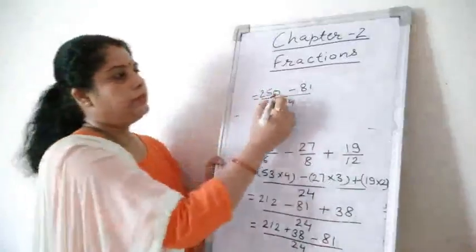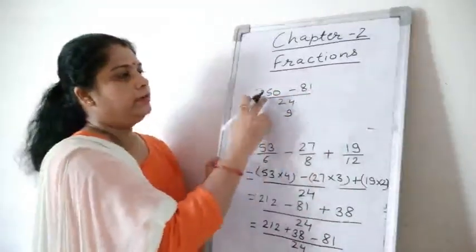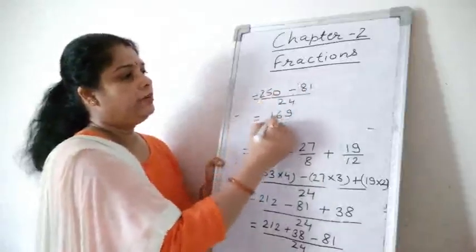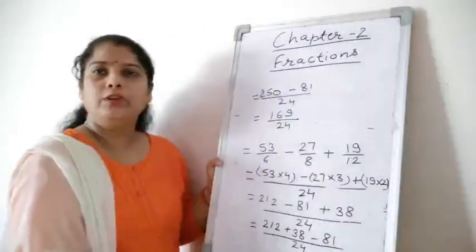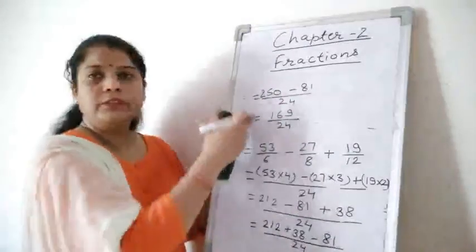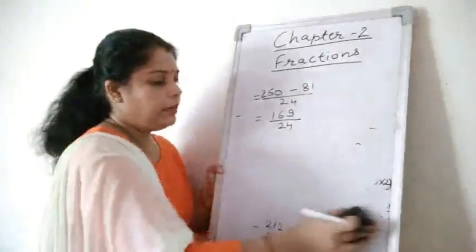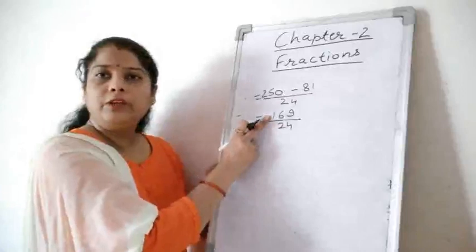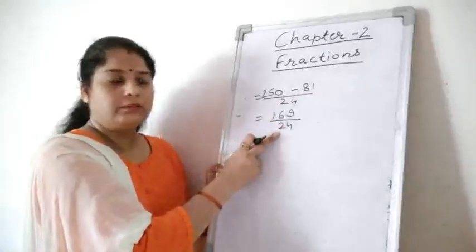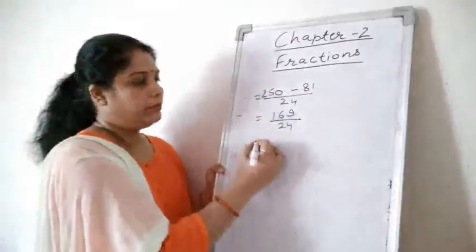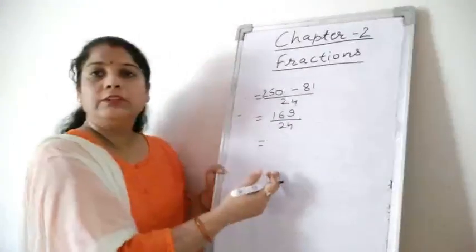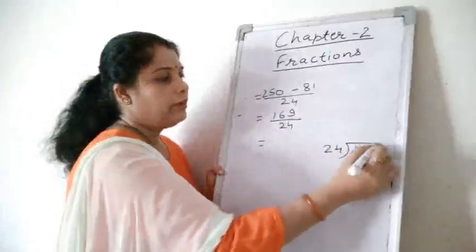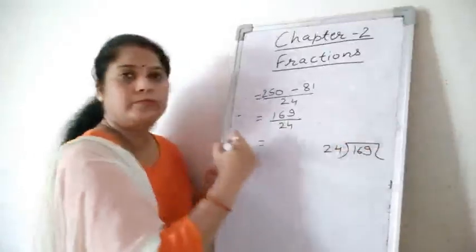Now 250 minus 81. 10 minus 1, 9. 4, 14 minus 8, 6 and 1. 169/24. Now 169/24 is an improper fraction because the numerator is greater than the denominator. Now we can convert this into a mixed fraction. 169 divided by 24.